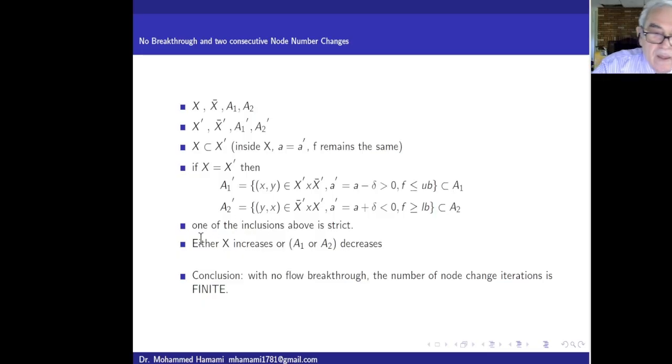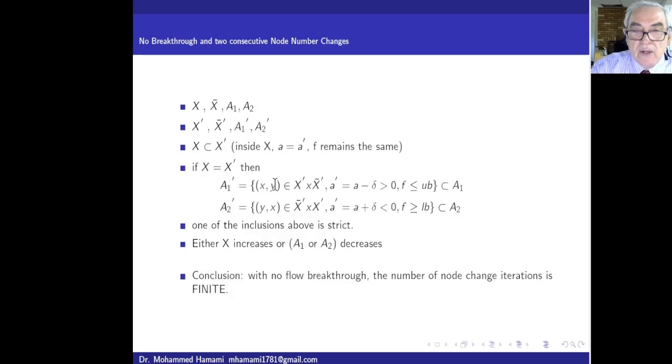Now, when we do the node number change, remember, we calculate this delta, right? One of the inclusions here is strict, because delta is the minimum of the a's in A1 and the minimum of the a's in A2. So one of them is the minimum, and for that, this a becomes 0.